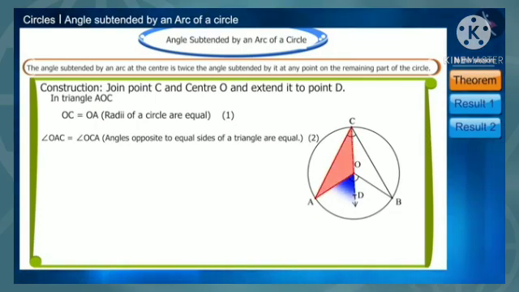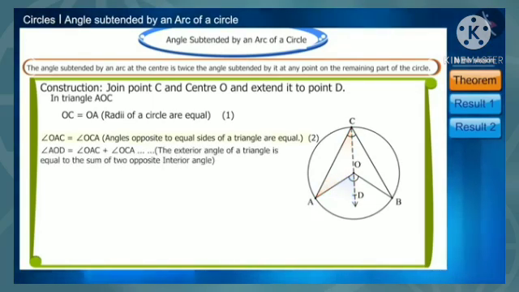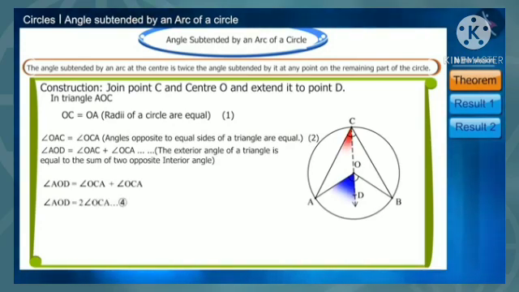Friends, angle AOD is the exterior angle of triangle AOC. That's why we can write the angle AOD as equal to the sum of these 2 angles. We can write the angle OAC as OCA, and we get angle AOD as equal to twice the angle OCA.